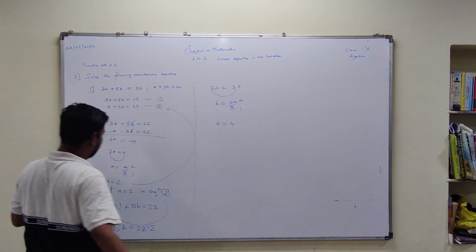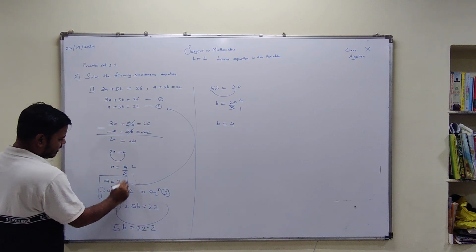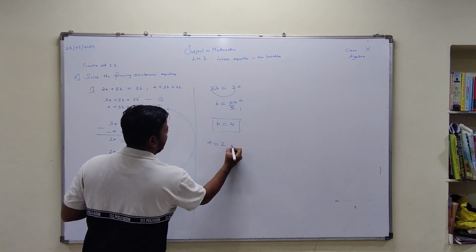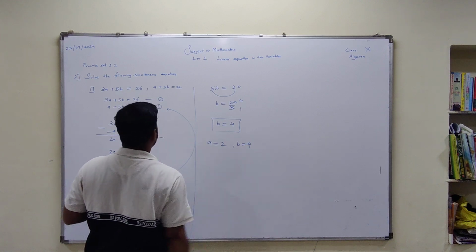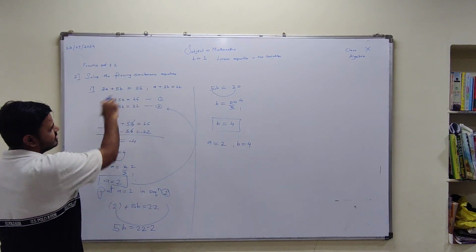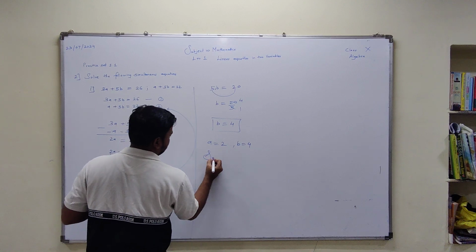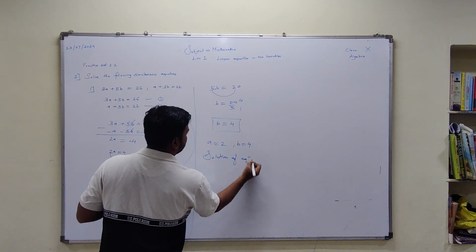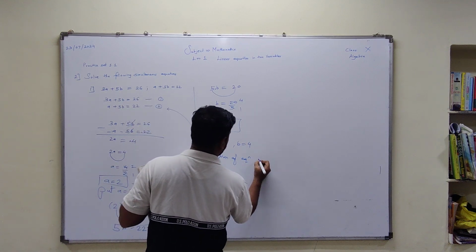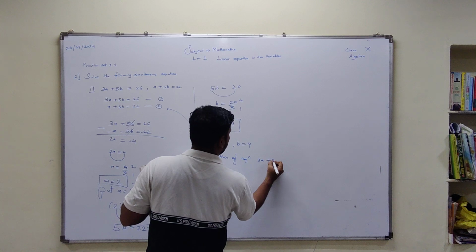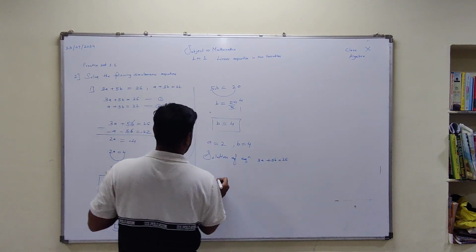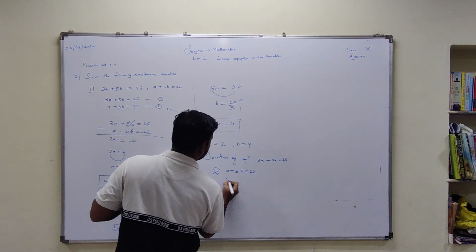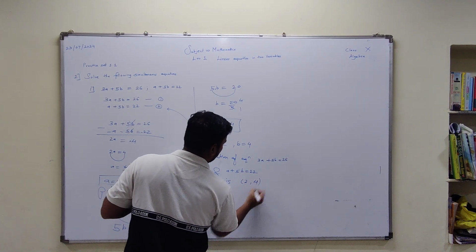So we have our solution now. After doing the calculation, we got a is equal to 2 and b is equal to 4. So this is the solution of these equations. The solution of the equations 3a plus 5b is equal to 26 and a plus 5b is equal to 22 is 2 comma 4.